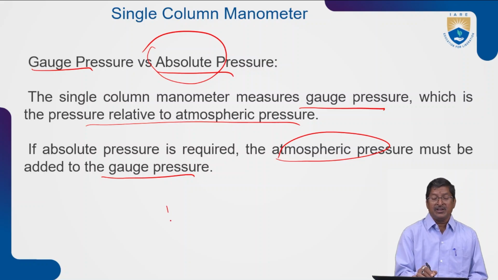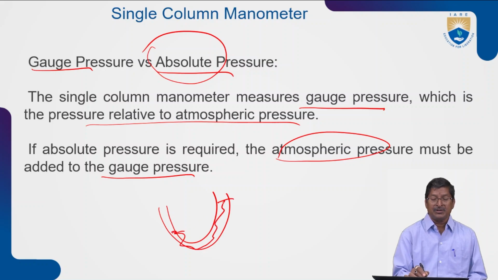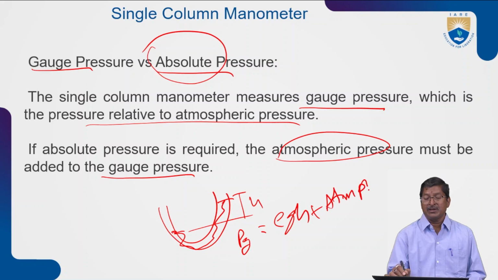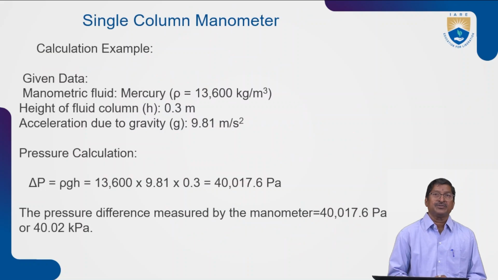Here gauge pressure means, in the U-tube, this H is the difference, rho g h, this is called gauge pressure. Then if you add the atmospheric pressure to this, it leads to the absolute pressure.